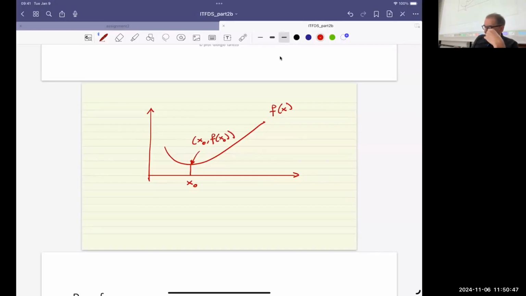Now, f of x0 is the minimum over x of f of x.